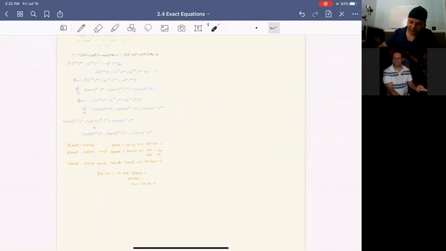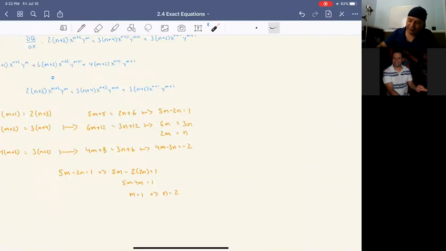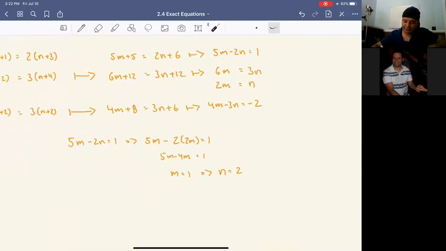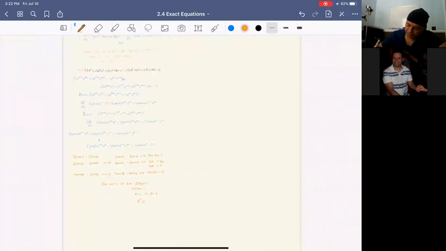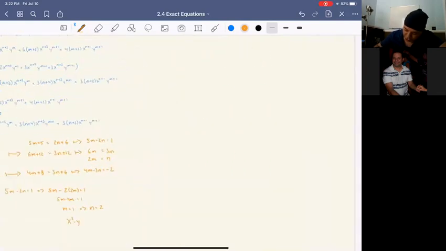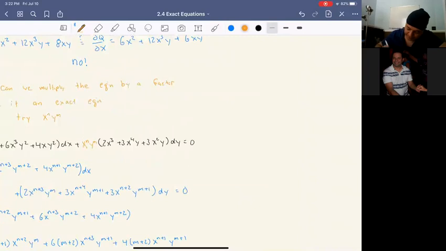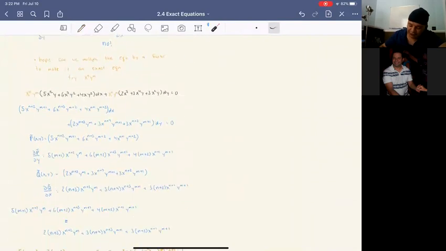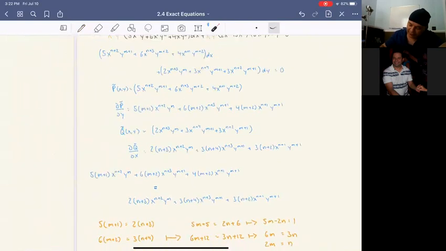Okay, so we have a factor that we can multiply. What is our factor? x to the n times y to the m. Okay, just make sure we see that. x to the n times y to the m. So we're going to take our first equation. Let me write it out over here.